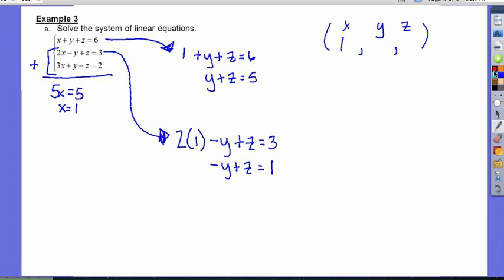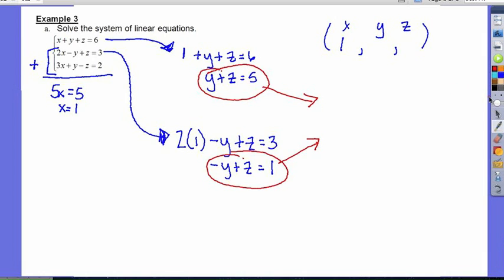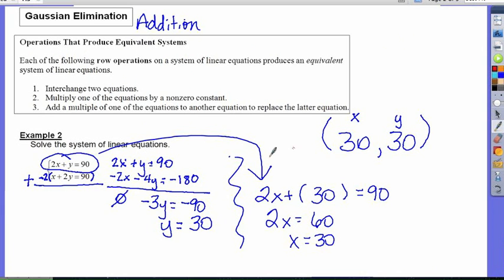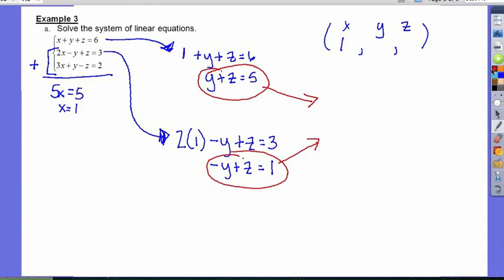So now I have 2 smaller equations. So what I'm going to do is take this equation and this equation, and put them together as a smaller system like the one that we just got through working, like you're more familiar with working on. Okay, so let's write those 2 together.